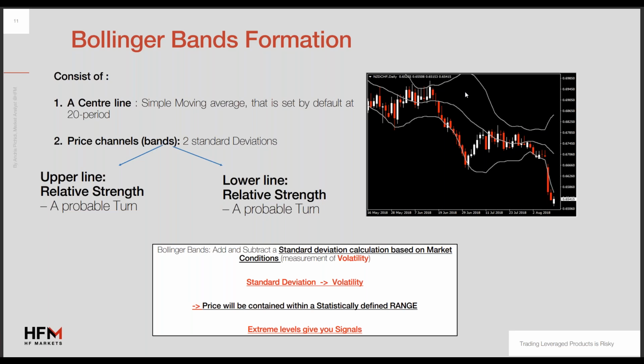So remember the width of the Bollingers also matters. So the wider it gets, like here for example, that indicates that the volatility is increasing for that particular asset.